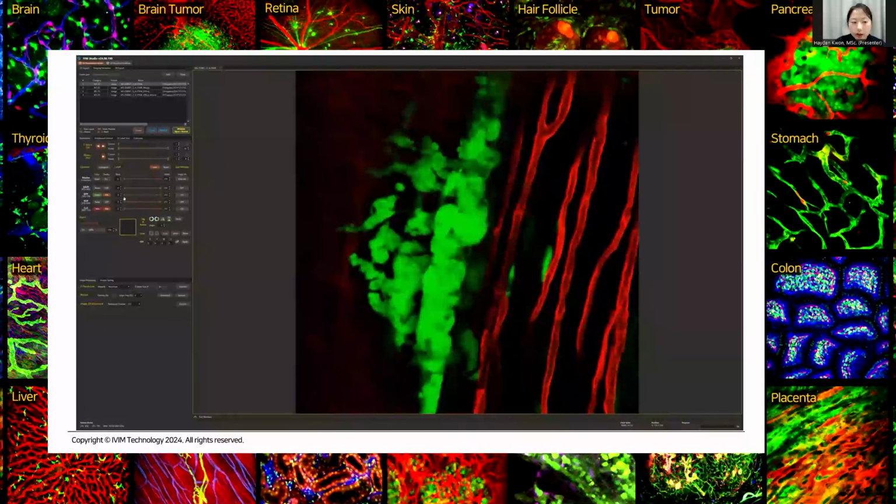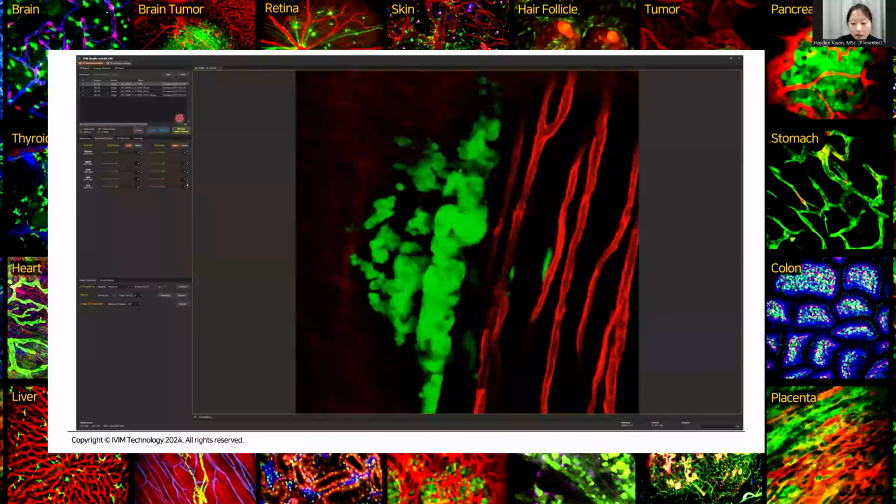You can adjust and improve the quality and visibility of the images, such as modifying the color balance, brightness, and contrast of each individual channel.